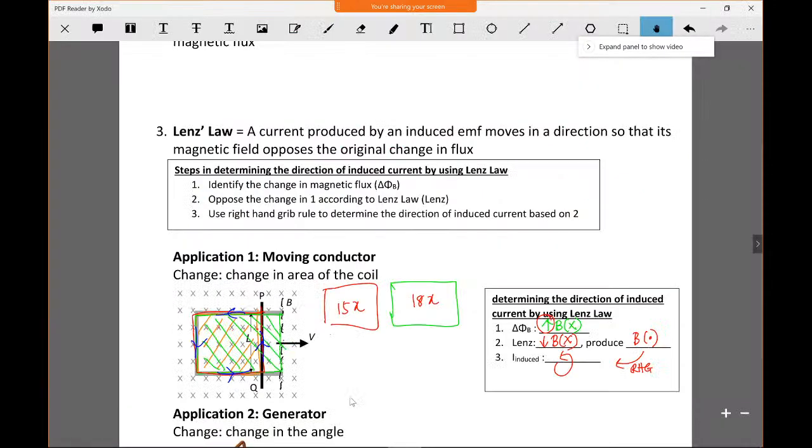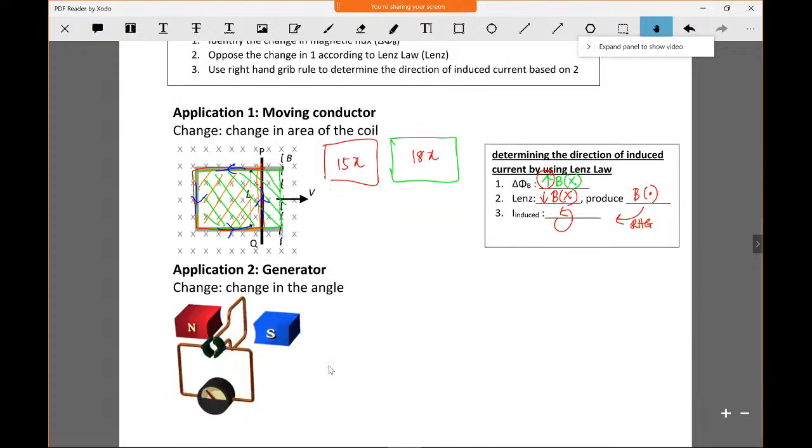Next, look at the second application, the generator. The equation to find the value of the generator's voltage is given by N B A omega sine omega t.